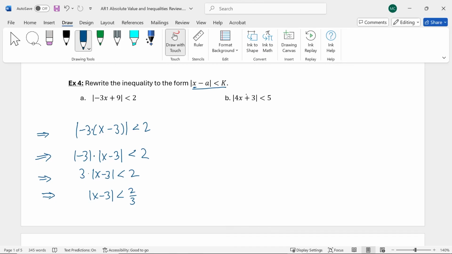Okay, now let's take a look here at B. So we've got the absolute value of 4x plus 3. I'm going to start the same way by factoring out that constant: 4 times x plus 3/4.